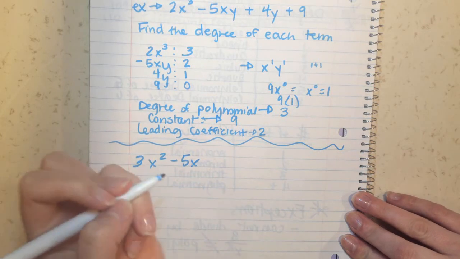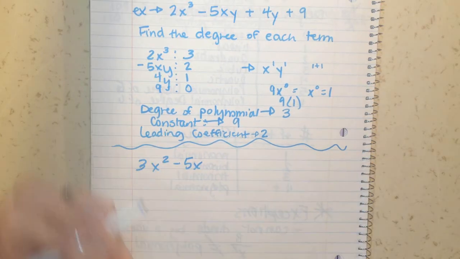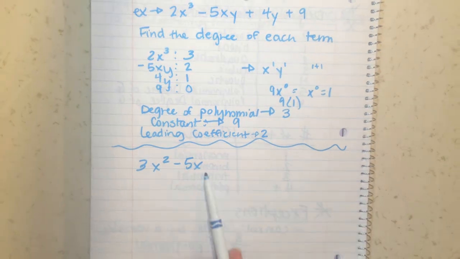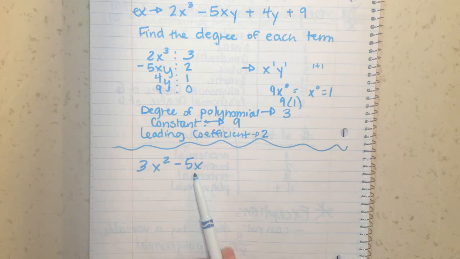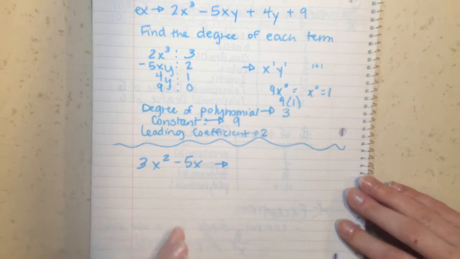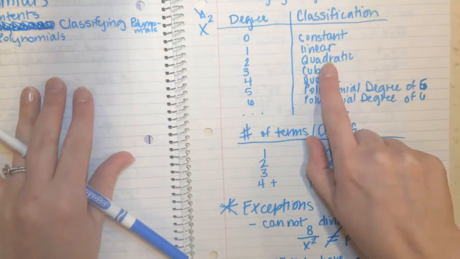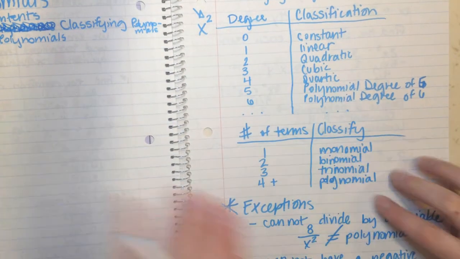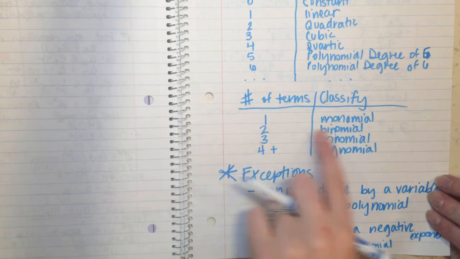All right, well, I have a degree of 2, that's my highest degree, and there are 2 terms. So this is a quadratic binomial.